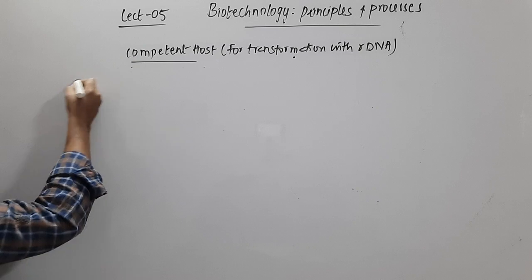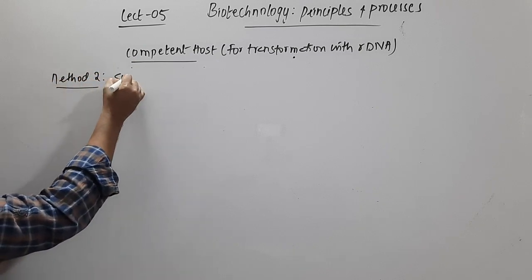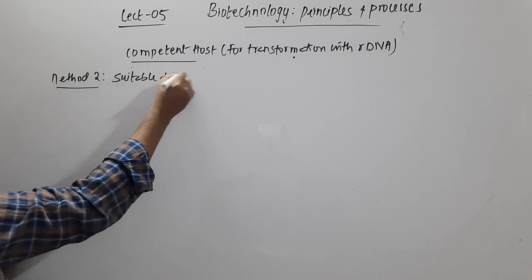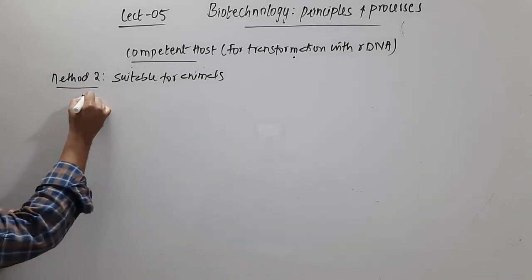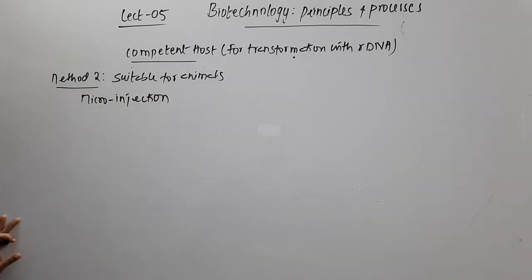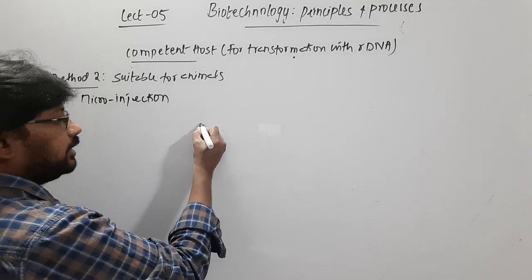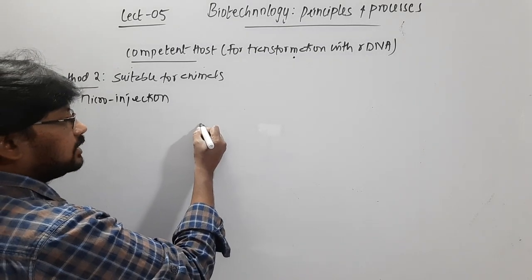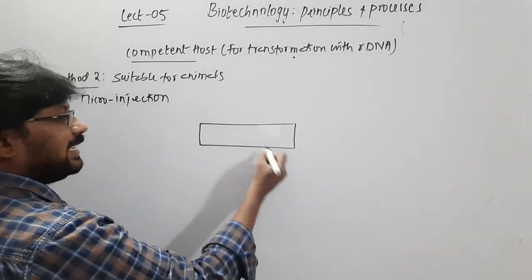This method is suitable for animals. So method 2 is suitable for animals. This method is called microinjection. Here the rDNAs are introduced into the animal cells. I'm going to take the animal cell on a slide.